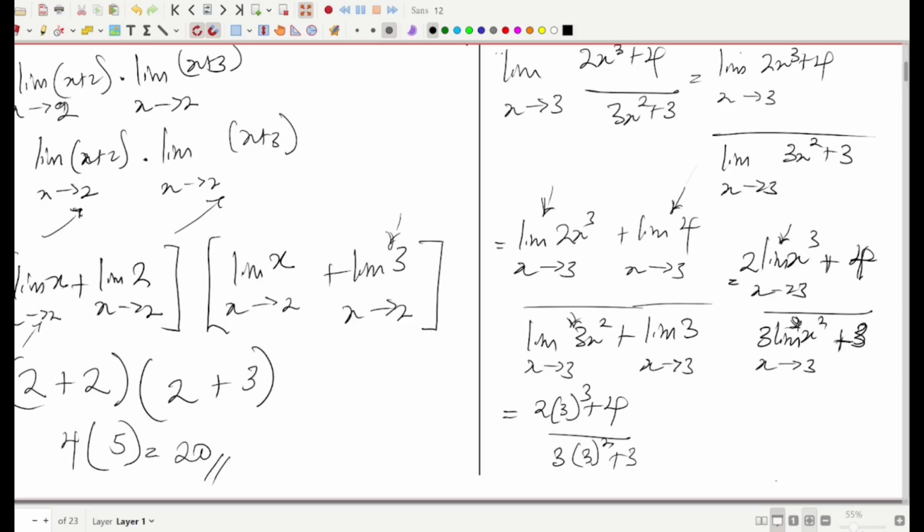So you can just do direct substitution. So what do we end up with? 2 times 27 is 54, plus 4. We have 9 times 3, 27, plus 3. So we have 58 over 30.